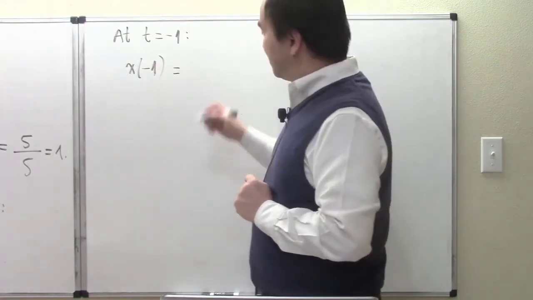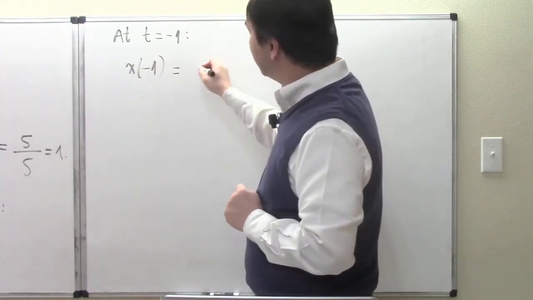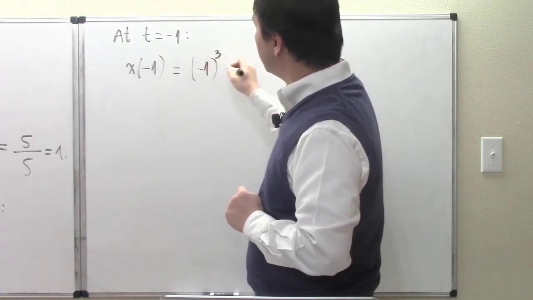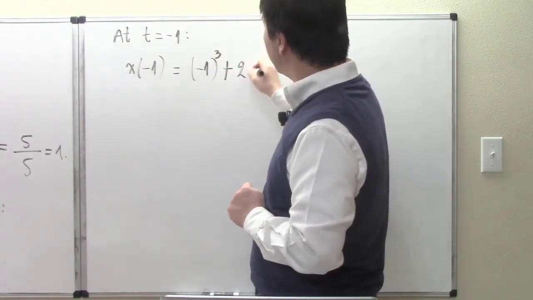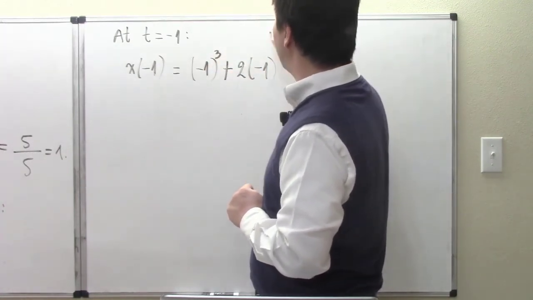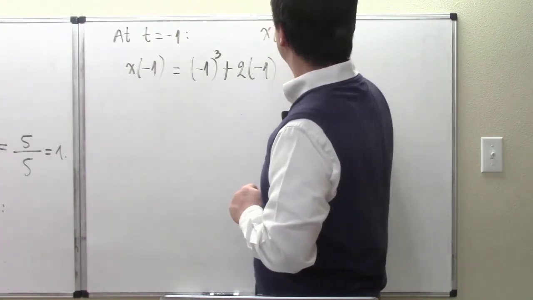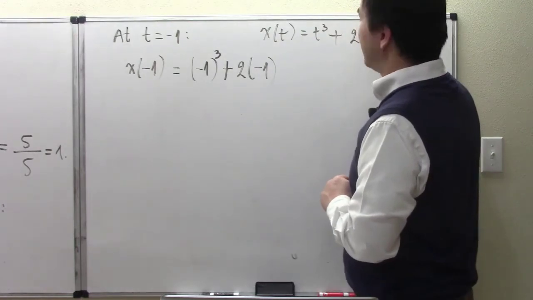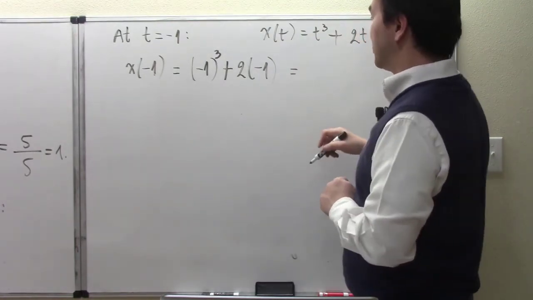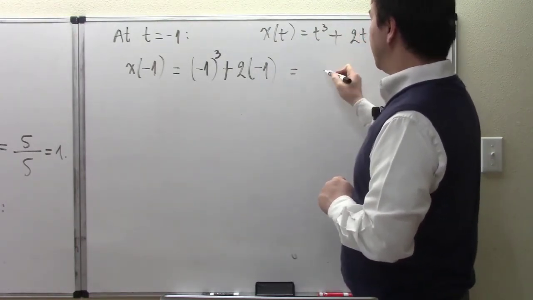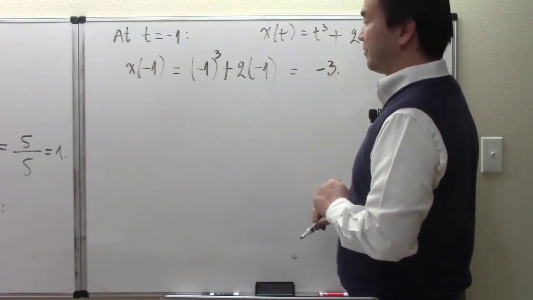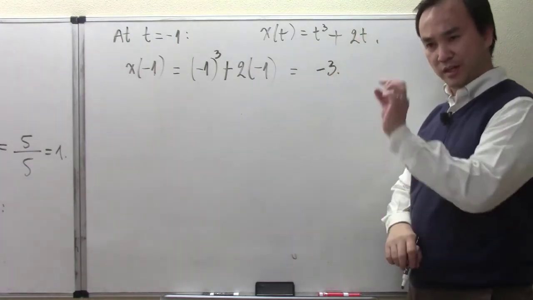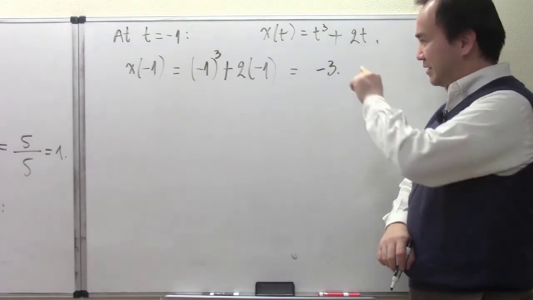Okay, and so now we're looking at (-1) cubed plus 2 times -1. Again, because x of t in general is t cubed plus 2t. And so now it is going to give me -3. That's my x coordinate when t equals -1.